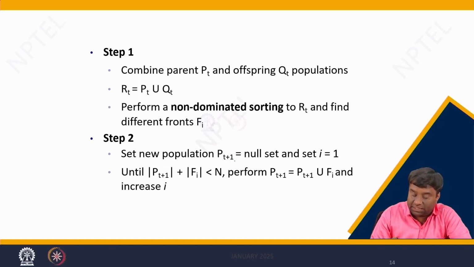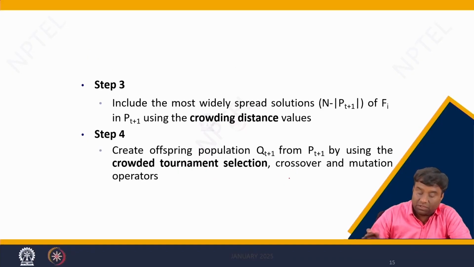Set the new population PT plus 1 to the null set, and I equals 1. Then until the number is less than N, perform PT plus 1 equals the union of Fi, and increase I to the next front. Now include the most widely spread solutions from N minus PT plus 1 of the ith front using the crowd distance value.